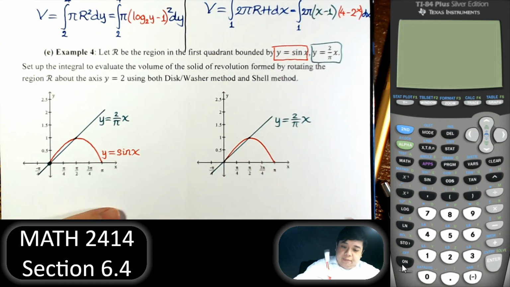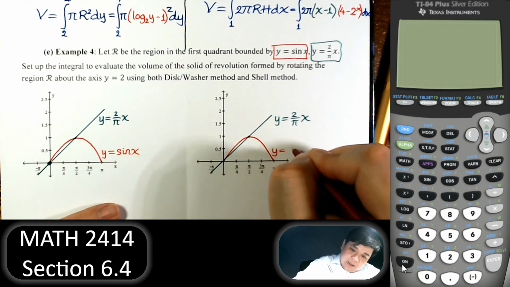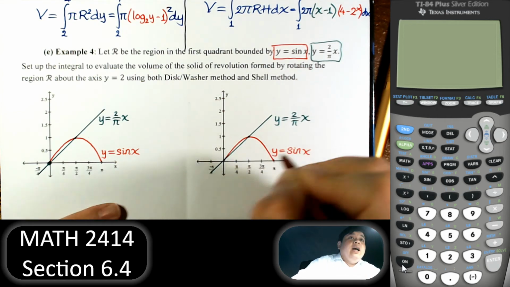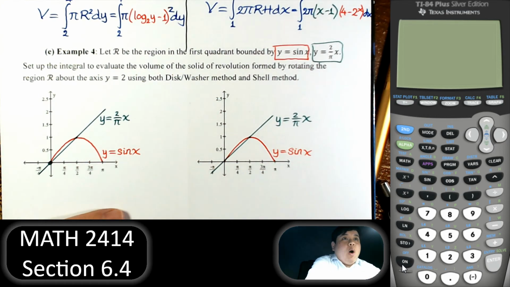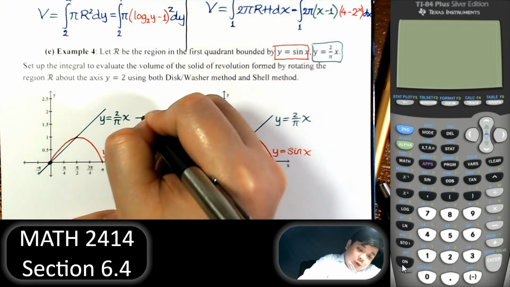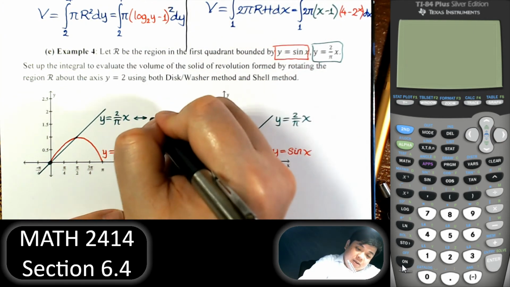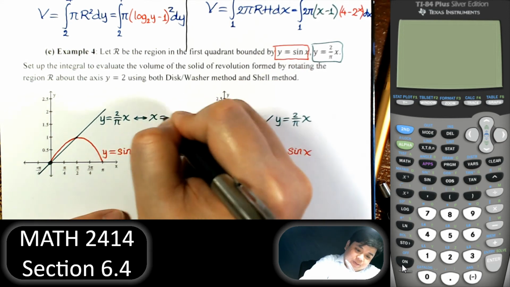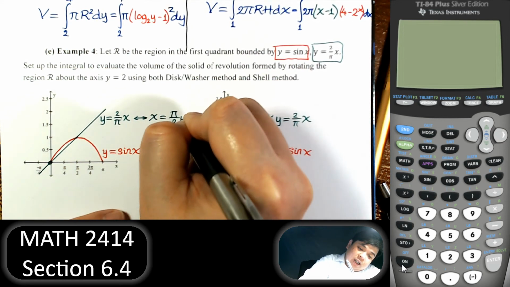All right. Now if we don't know whether to use dx or dy, why don't we just use both? If y equals 2 over pi x, then x will be equal to pi over 2 y.